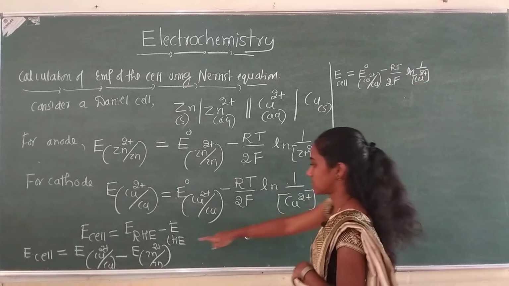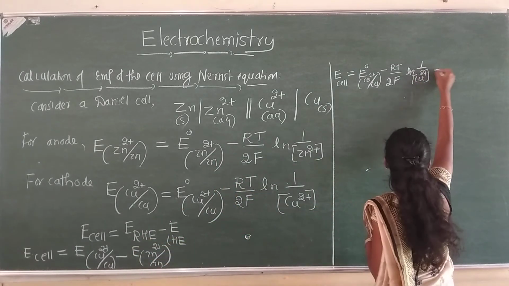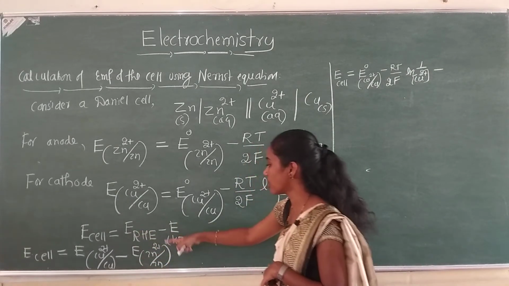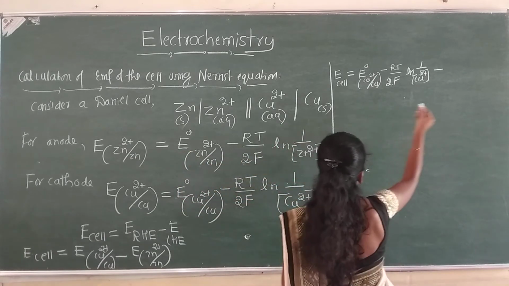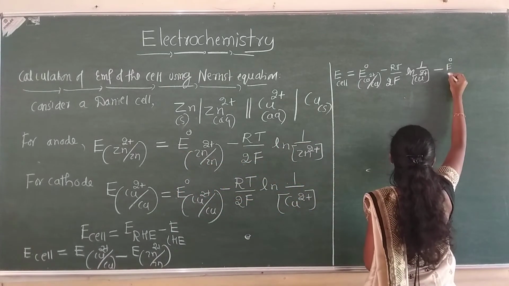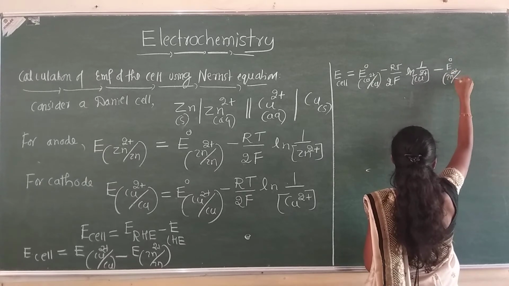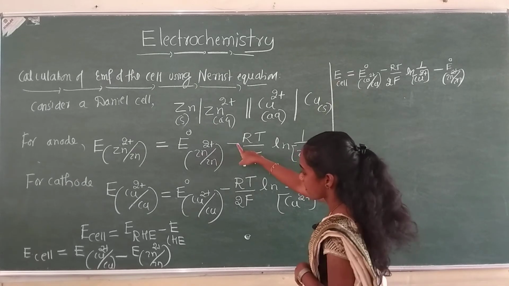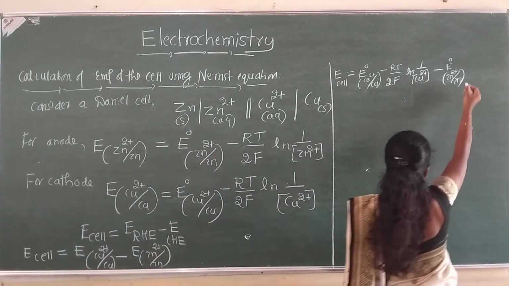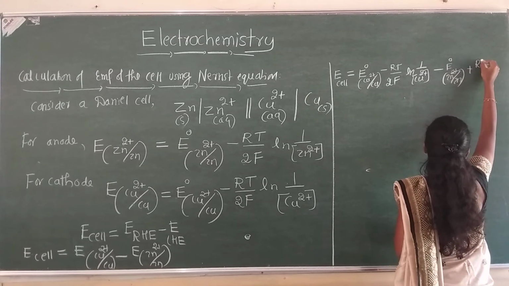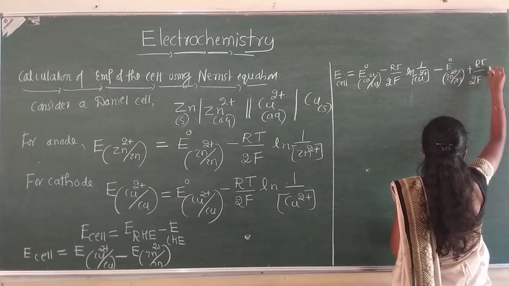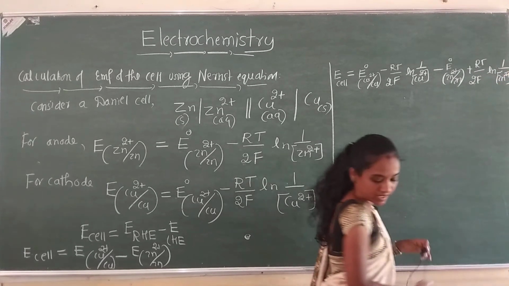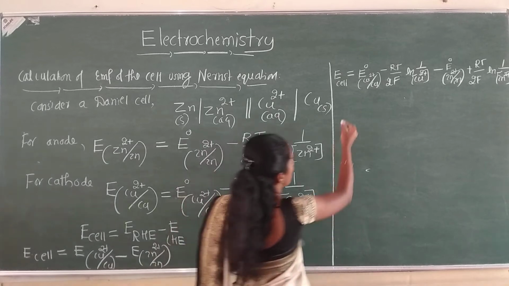Next, minus the electrode potential of the zinc electrode, which is E naught of Zn2+ and Zn. Next is minus of minus, it becomes positive, plus RT divided by 2F ln 1 by Zn2+. Clear?